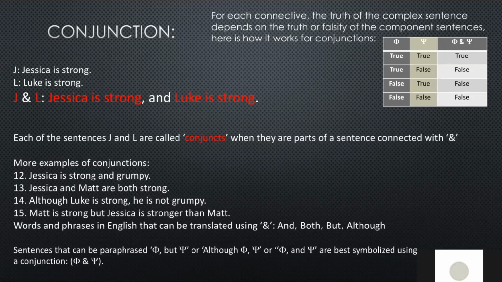So any one false conjunct renders the complicated conjunction false as well. And of course, if both of our conjuncts are false, then the conjunctive sentence generated using those two conjuncts will also be false.